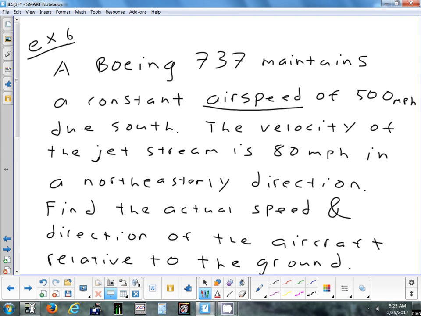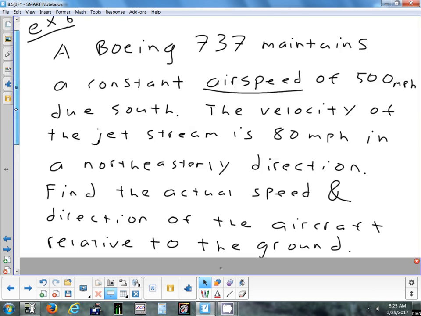All right, so what do you think the first thing we should do with all of this is? Set up what? Yeah, we'll set up a diagram. Anytime we have a word problem, it just kind of helps to visualize what's going on.